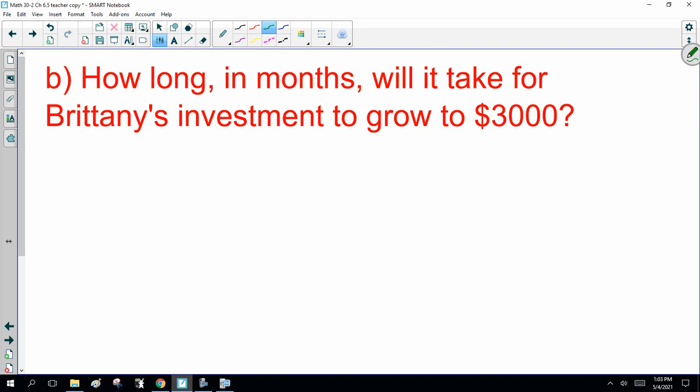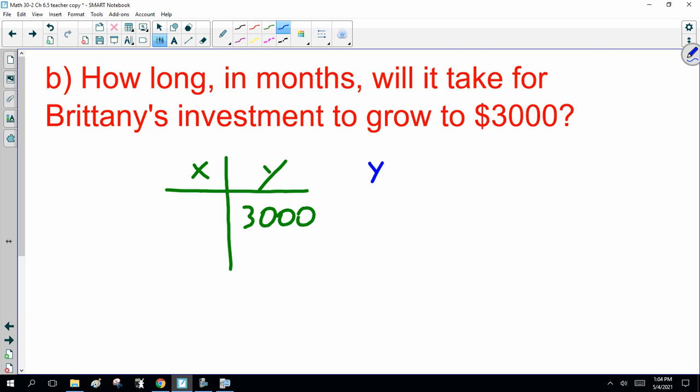So, X, Y, 3,000. Now, we've done this before. You know I'm going to talk about graphing. But before you do that, let's go back to the equation. Y equals 2,500 times 1.002916 to the power of x. Our Y value is 3,000, so this is 3,000.